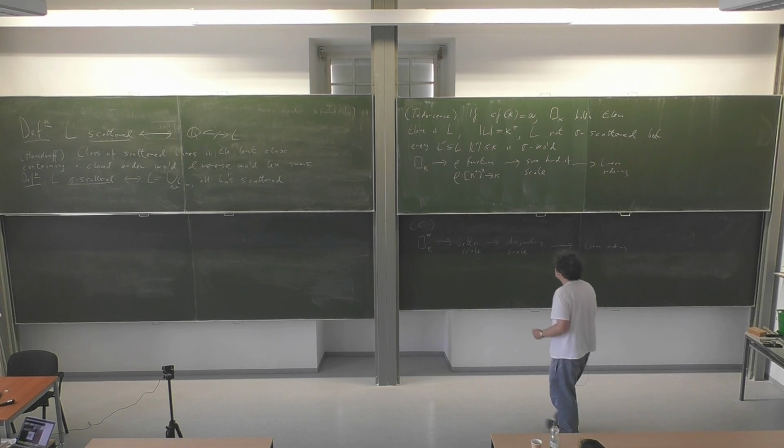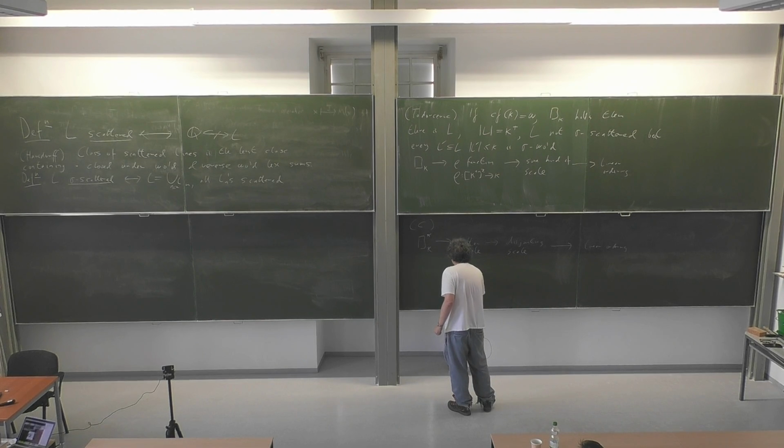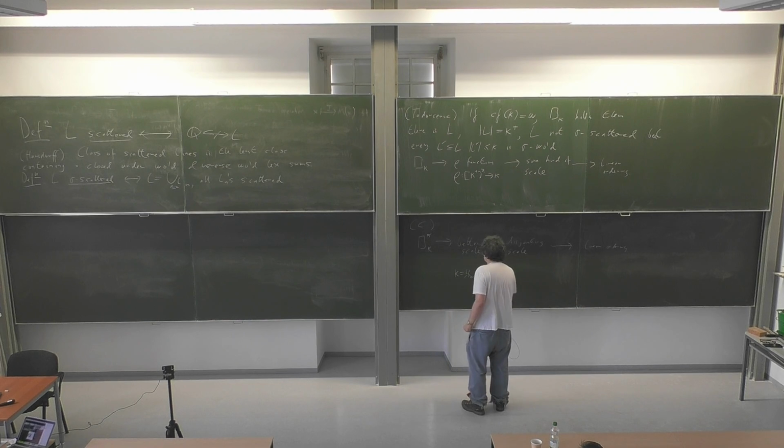So here there is some payoff in doing that kind of thing, because it turns out, I'm going to say this in a crude way, if kappa is aleph omega, SCH fails at kappa.